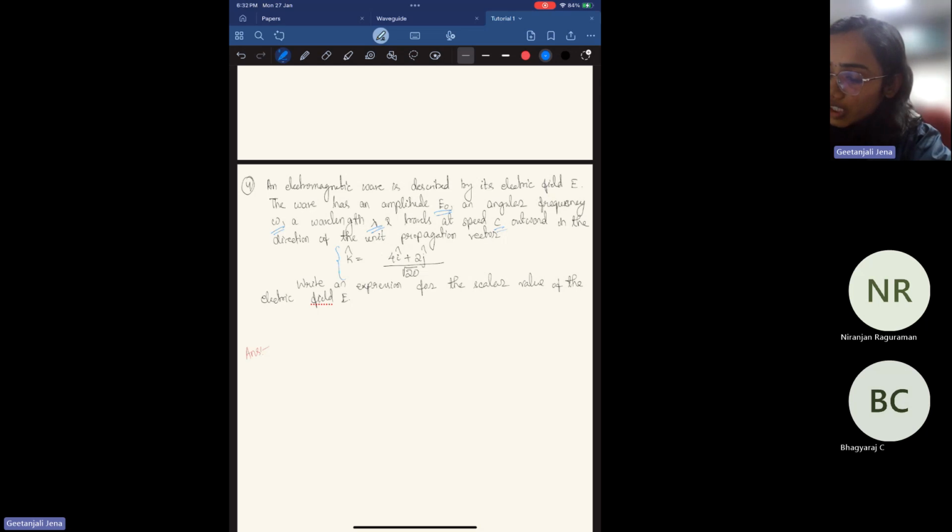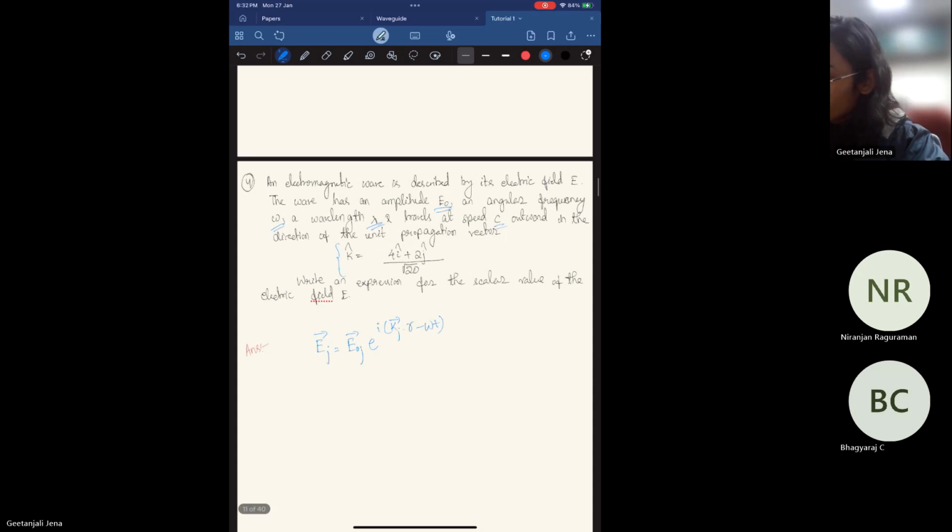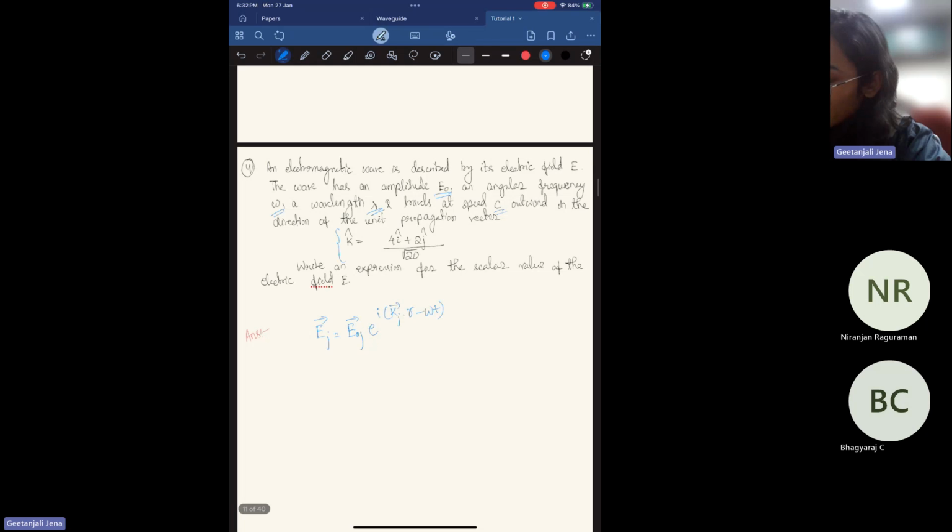So what is the general equation for the electric field? E is the amplitude part and the phase part. So k dot r.